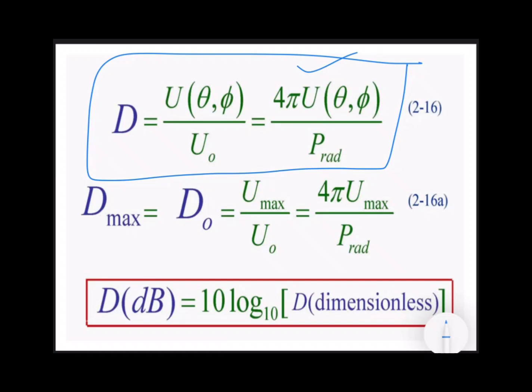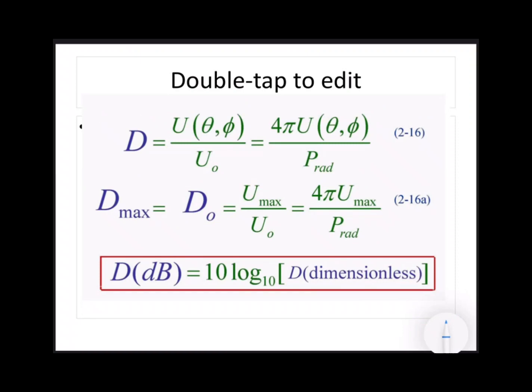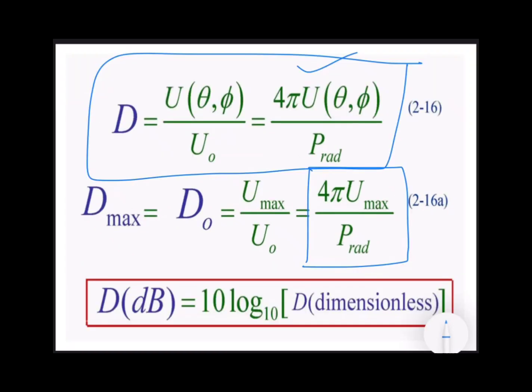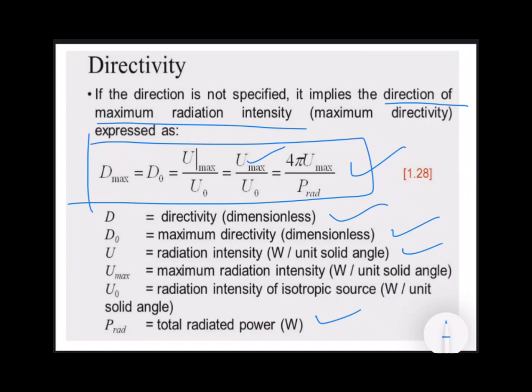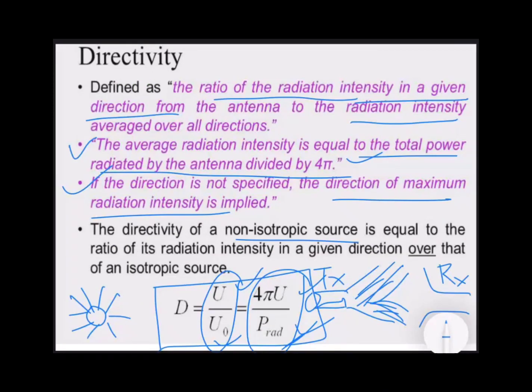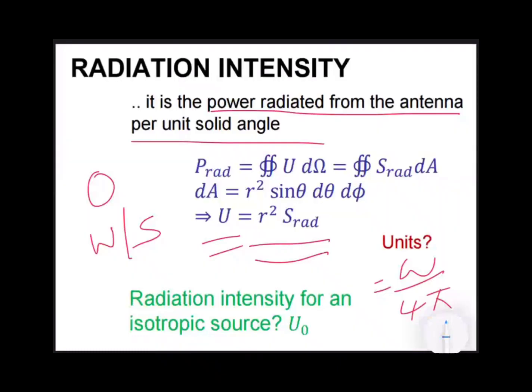And if you want to know the maximum directivity of an antenna, then the equation we use is 4 pi into U max divided by total power radiated. So this is about directivity. Always, the directivity is a parameter which is related to the radiation intensity.